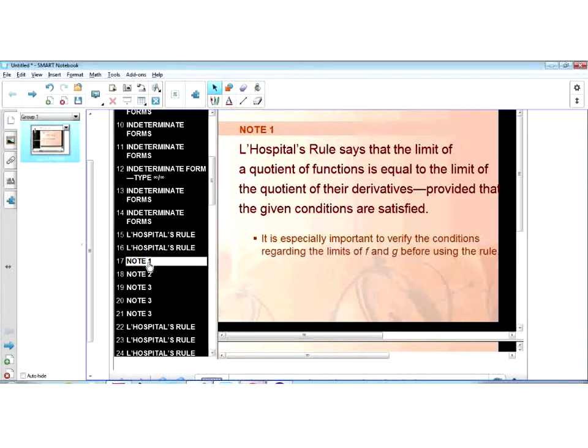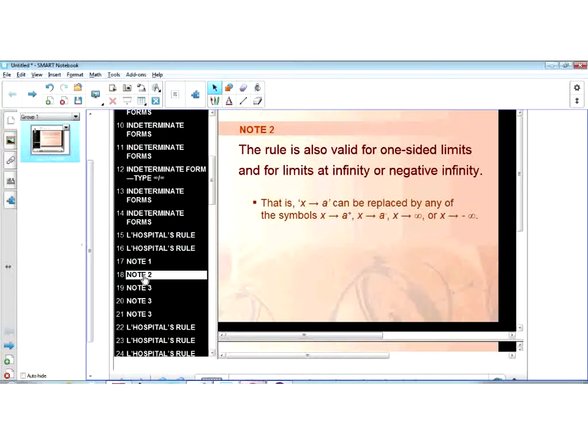All right, a couple of caveats. L'Hopital's rule says that the limit of a quotient of functions is equal to the limit of the quotient of their derivatives, provided that the given conditions are satisfied. Okay, so you have to verify the conditions, that the functions are differentiable. Also, the limit operation need not be constrained to x approaching a.